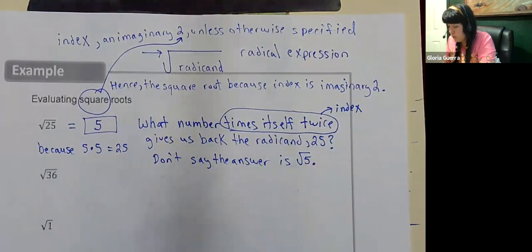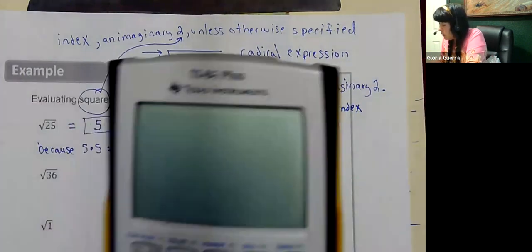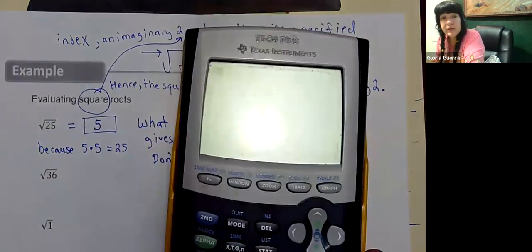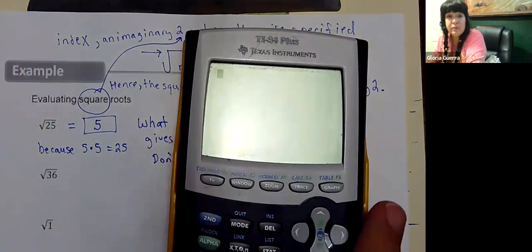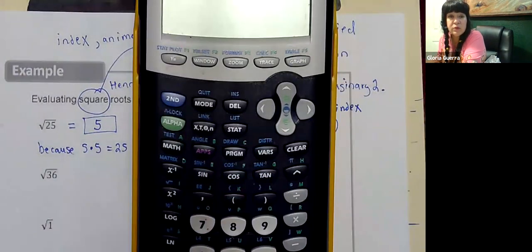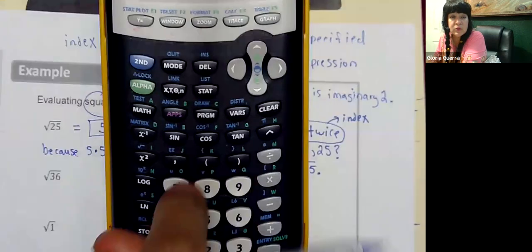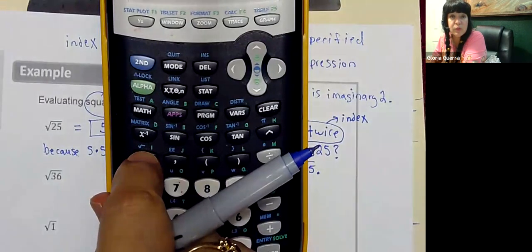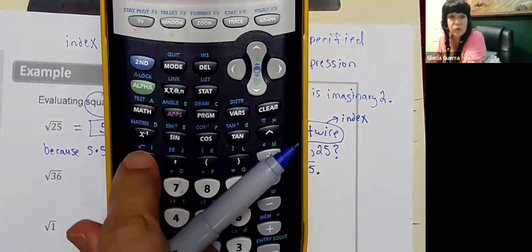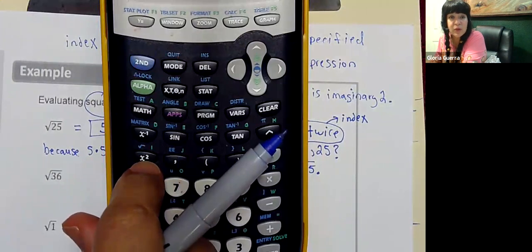Now on the calculator, to show you the calculator commands, there's the second button here, and there's this square root key. You see that square root key? It's in blue. That's why we use the second button. And you hit this x squared key.